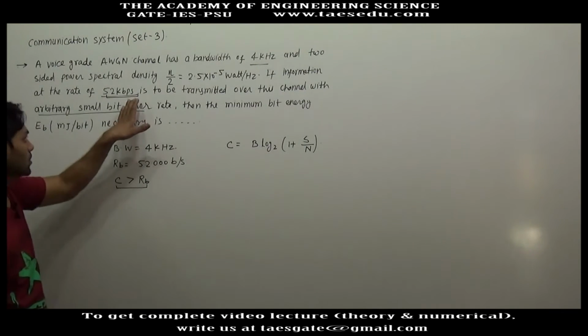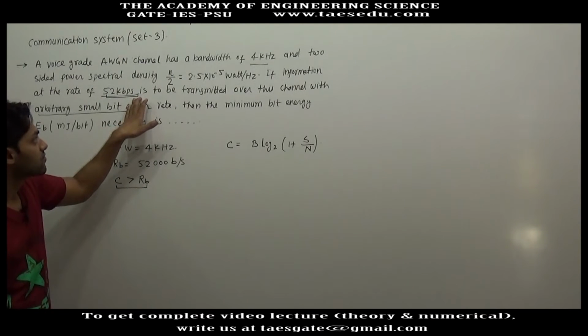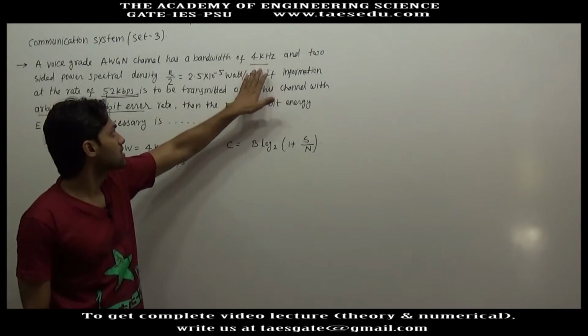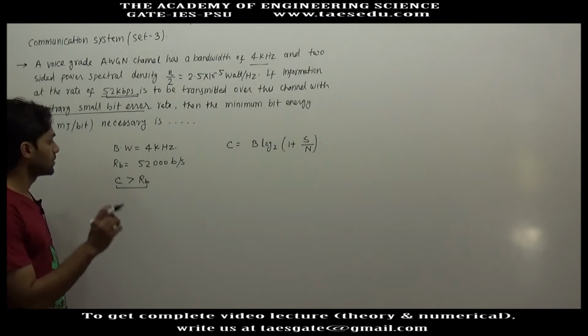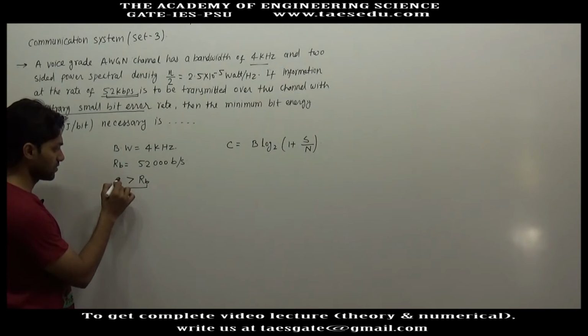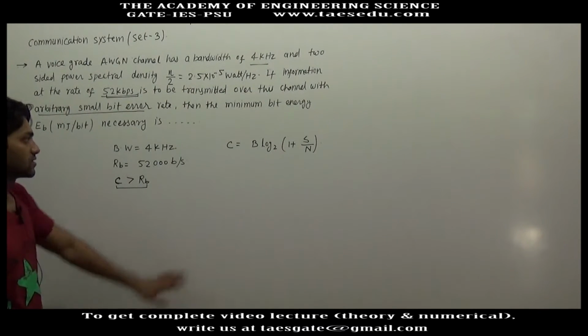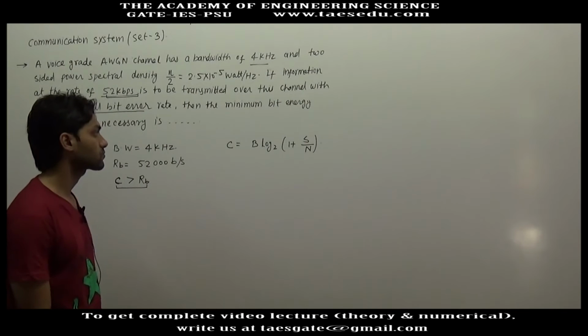If you want this information to be successfully transmitted through a channel of 4 kilohertz, then the capacity of the channel has to be greater than the bit rate, and this is the formula for capacity.